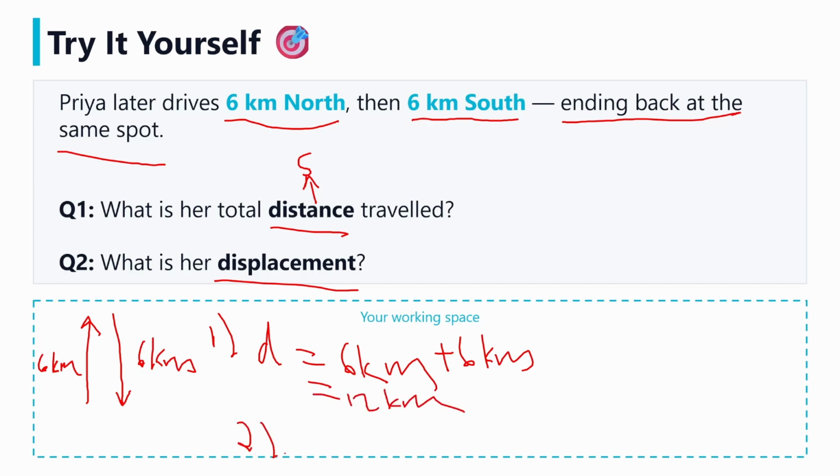Now, second is the displacement. Note that mine has an arrow, but don't worry about the arrow right now. So first, the displacement. First, she goes up 6 kilometers, right? So it's positive 6 kilometers, because according to the sign convention, north is positive, south is negative.